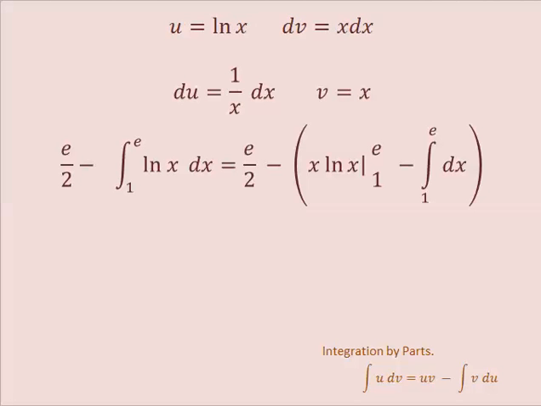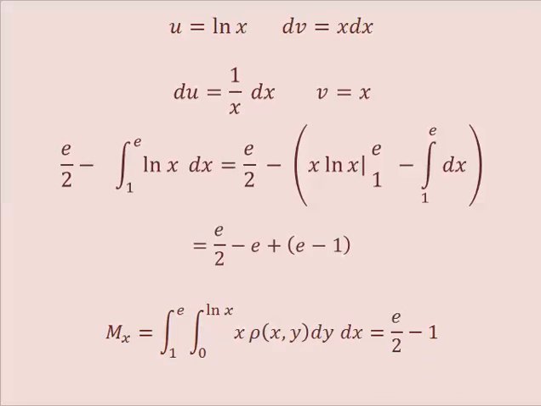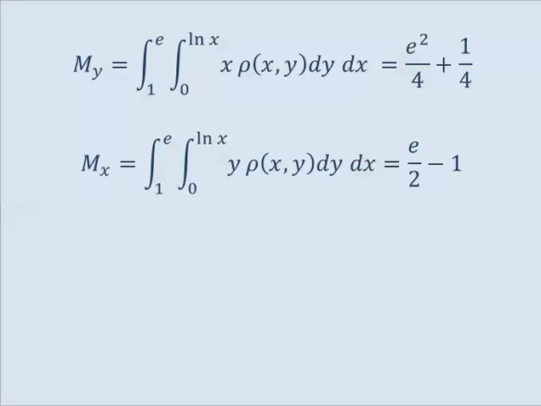Do your setup, and you finally end up with something that's fairly easy to integrate. And when the dust settles, you have e divided by 2 minus 1. All right, so this required a couple of applications of integration by parts, but just by being persistent, we were able to do it.